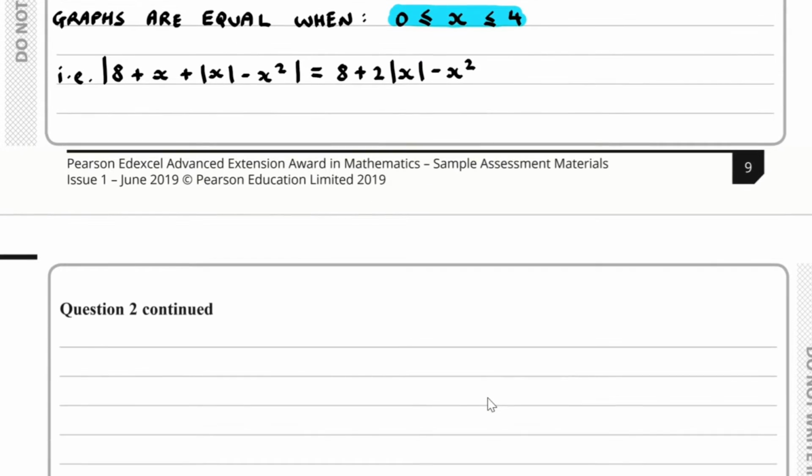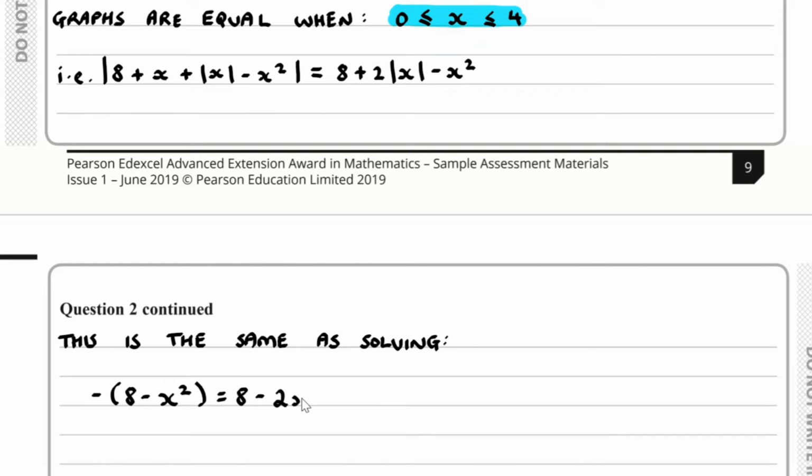So how could we tidy this up even further? Well, this is the same as solving, as we've just shown, negative 8 minus x squared equaling 8 minus 2x minus x squared, with the restriction x is less than 0.